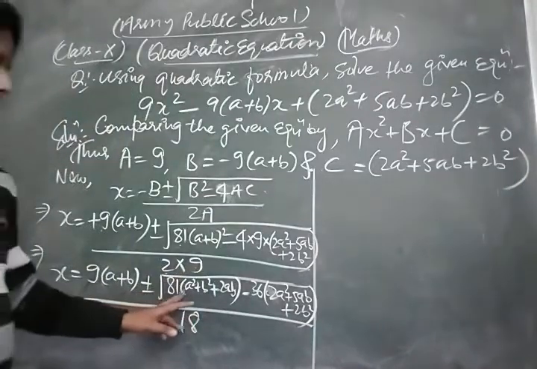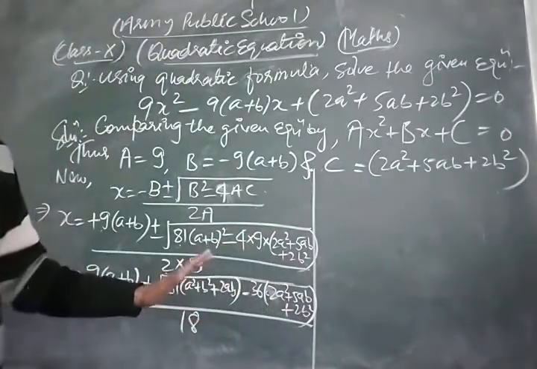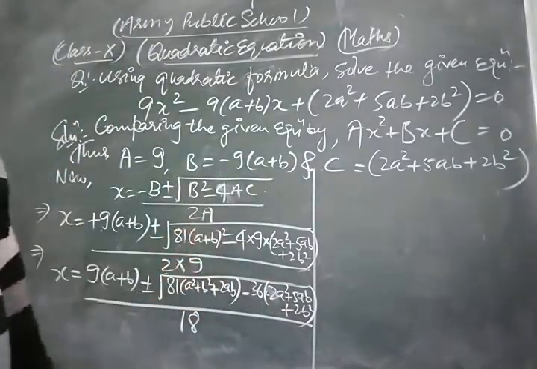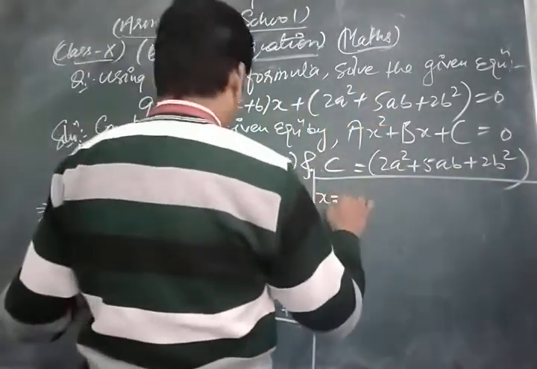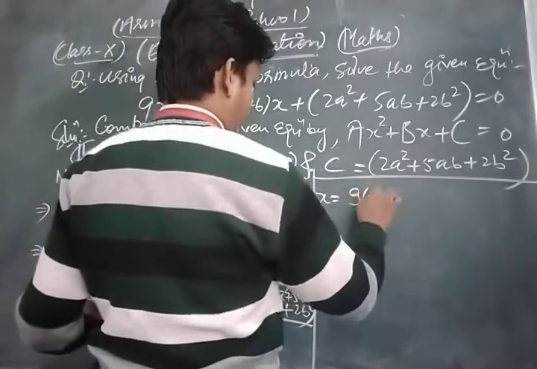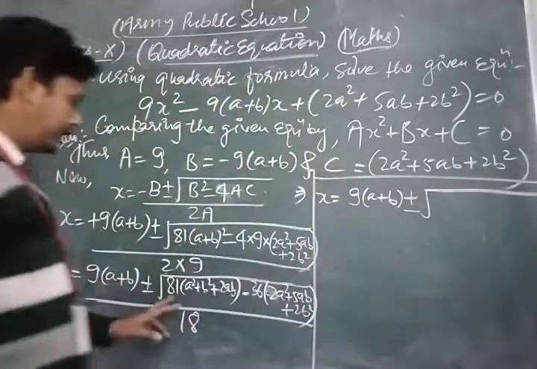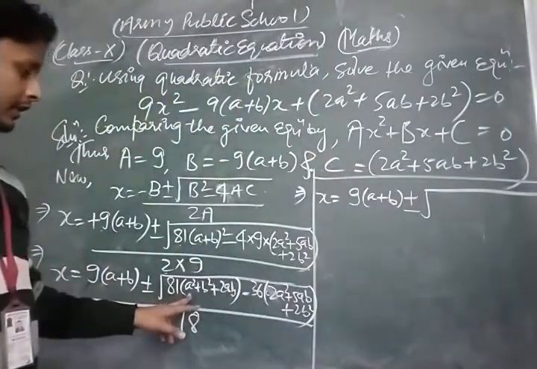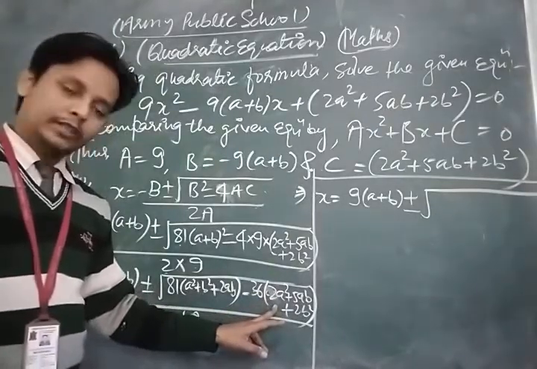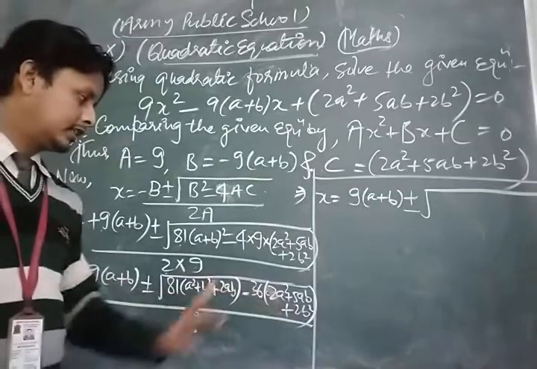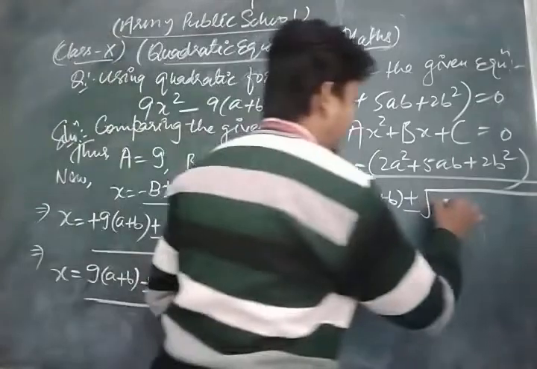After multiplying these terms and simplifying, we get x is equal to 9 into (a plus b) plus minus, after simplification of these terms, 81 a square minus 72 a square, so 9 a square is left, right?